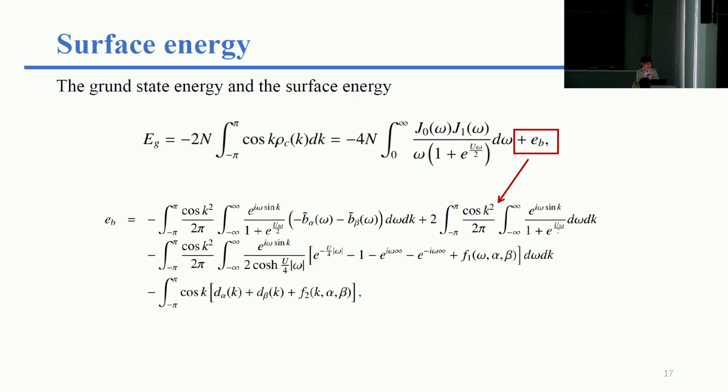Then using this approach, the ground state, of course, in this approach, it needs the quantum numbers and the Fourier transformation, and the ground state energy and the surface energy can be given. The first part is the same as the periodic boundary conditions, and the second part comes from the boundary parameters.